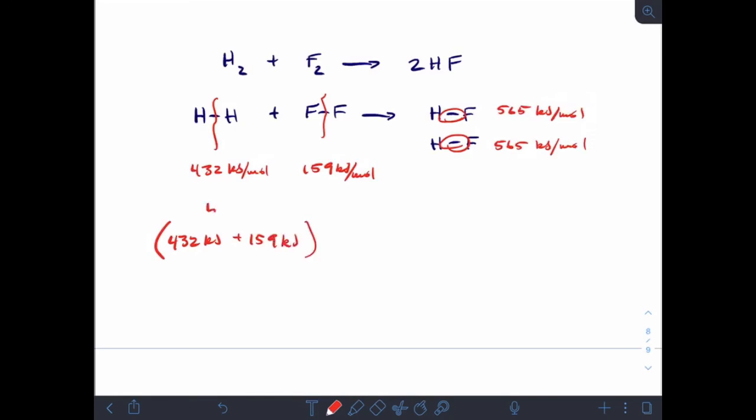Okay, these are our bonds broken, sum of the bonds broken, minus 2 times 565. These are our bonds formed. Okay, so when I arrange it this way, I don't have to think about trying to flip the signs for forming bonds. And the result will be a negative 539 kilojoules, which is our delta H of reaction.